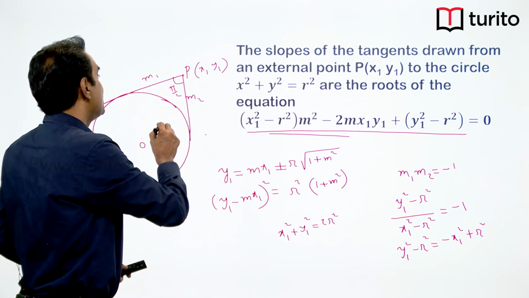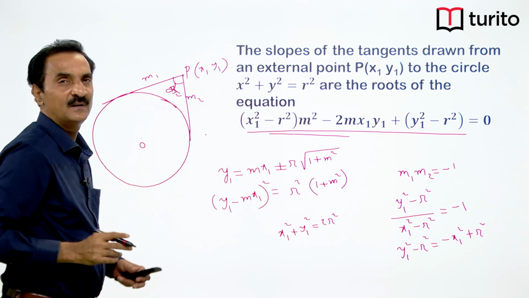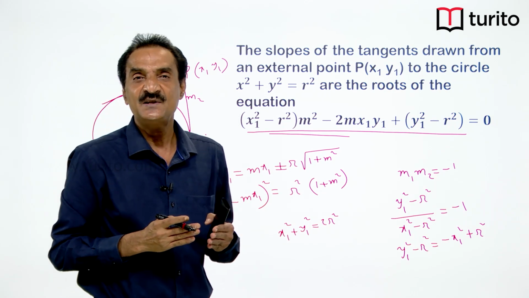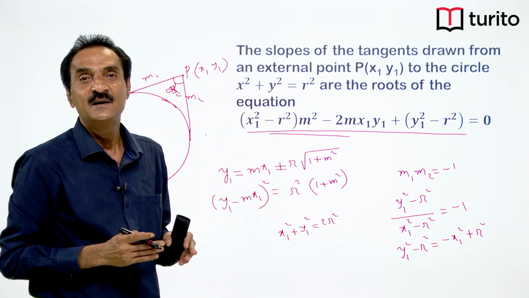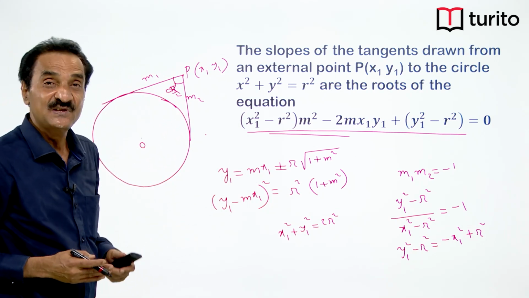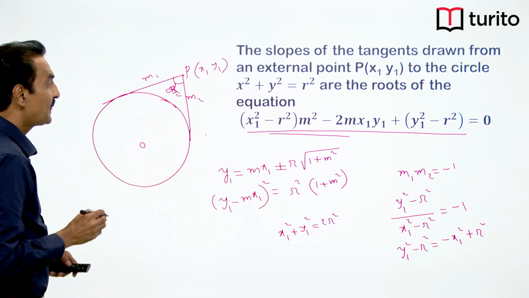And similarly, suppose the angle between the tangents is some alpha. Find the locus of the point of intersection of the tangents to the circle x square plus y square is equal to r square, which intersect at a fixed angle alpha. Then how to find the locus of P?